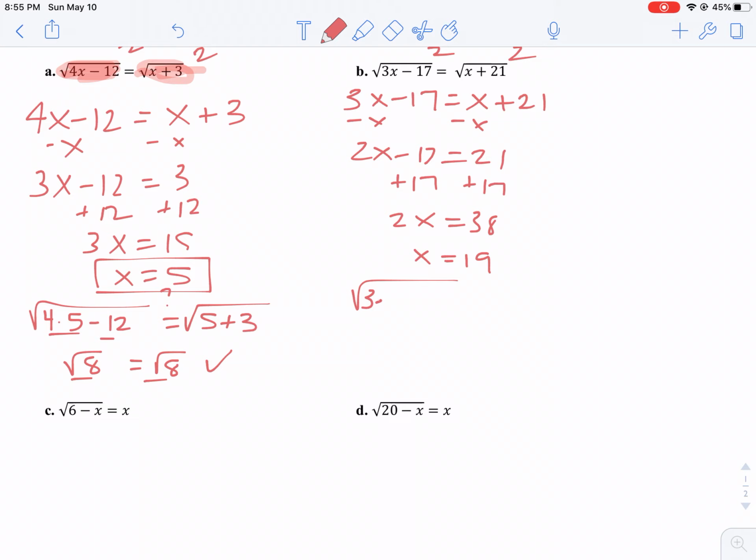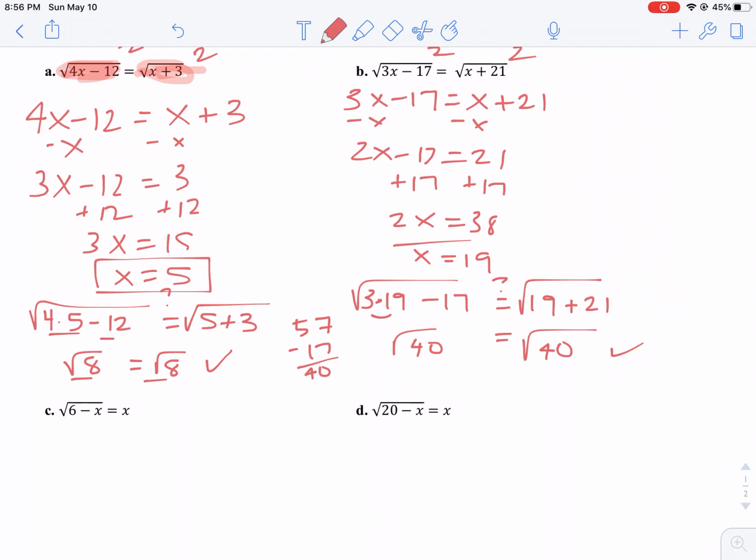So we would have root of 3 times 19 minus 17. Is that equal to the square root of 19 plus 21? All right, so 19 plus 21 gives us 40. 3 times 19 is 57. Minus 17 would also be 40. So we get root 40 on both sides. So we're confident that x equals 19 is correct.